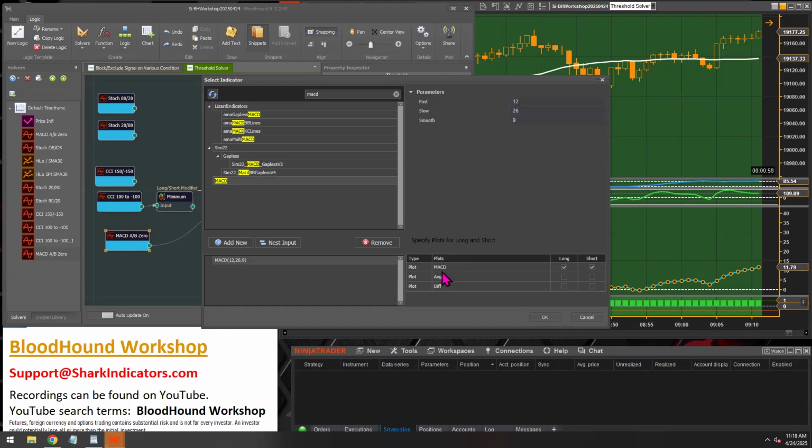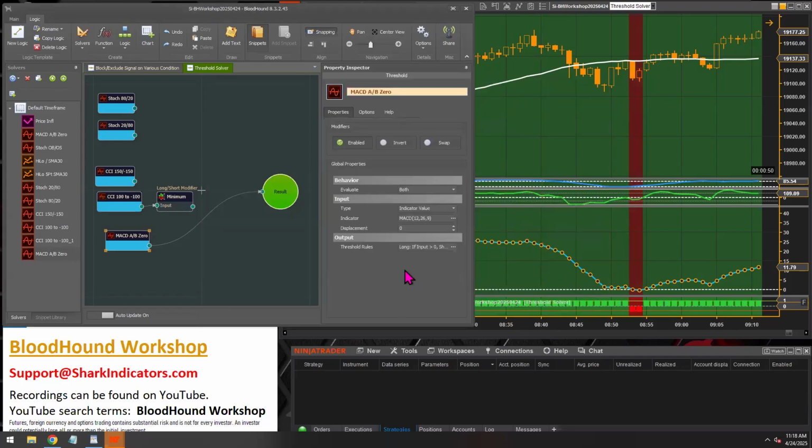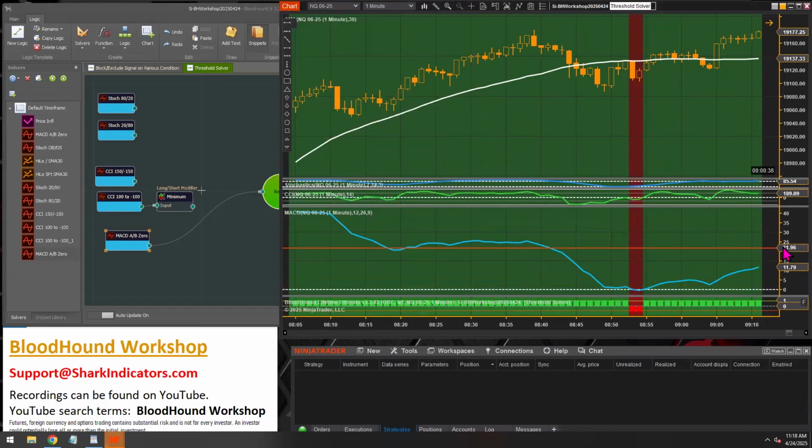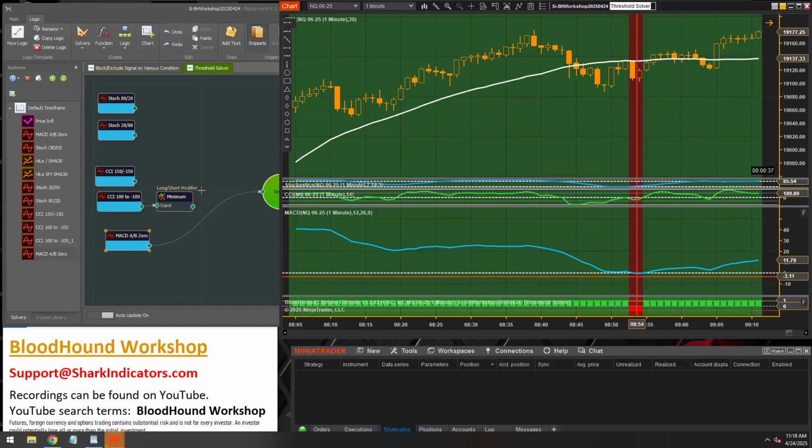And the MACD does have 3 lines there, so we'll just focus on the MACD line itself. And this time, the default settings for the threshold is the indicator above 0 or below 0. And right there we have it. All right, pretty straightforward there.